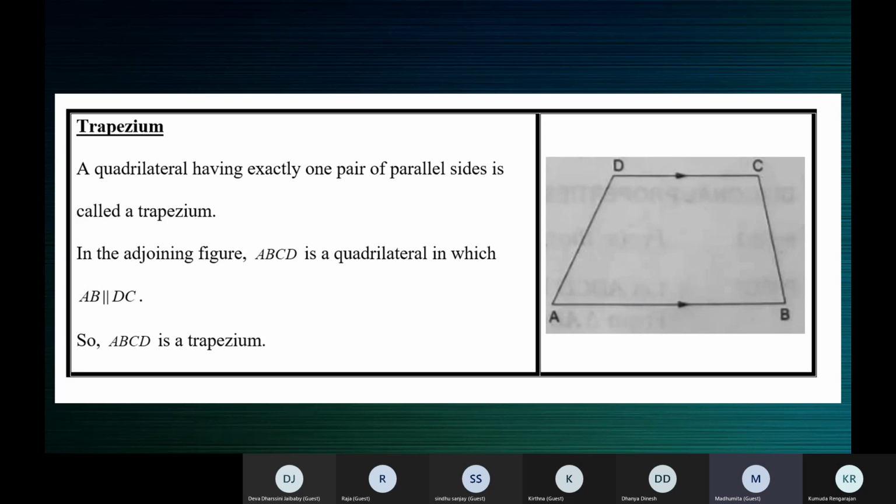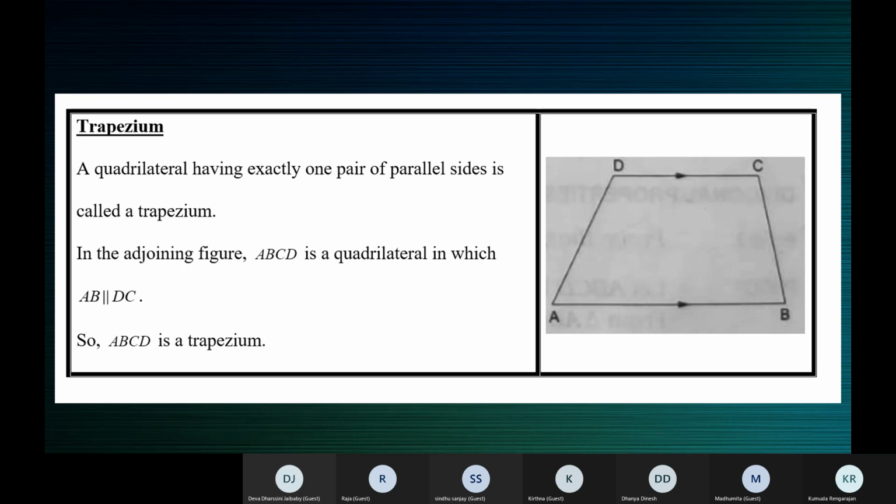Ma'am, does it have any other special properties like the rectangle, square? No, nothing. It doesn't have any other special property. Diagonals are not equal. Opposite angles need not be equal. Adjacent angles need not be supplementary. So no other property specific to a trapezium.